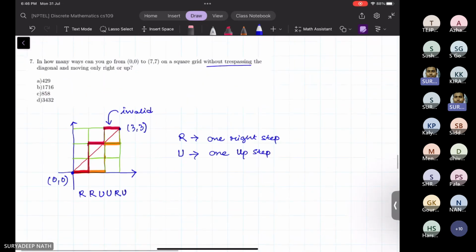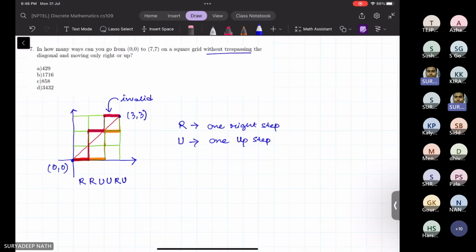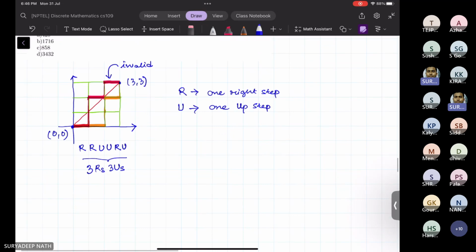So basically, if we have to go from 0,0 to 7,7 by moving only up or right, you get combinations like R R U U R U. If you look at this, there are three R's and three U's.